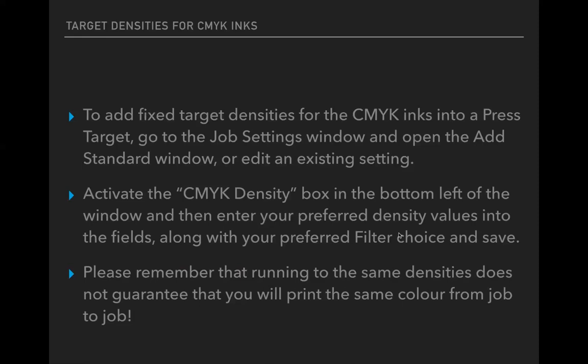But if you want to ignore the dynamic density adjustment targets calculated by pressSIGN and just run to fixed target densities, you either create a new press target or edit an existing one. Activate the CMYK density box at the bottom left-hand corner, enter your values, enter your choice of filter or leave it automatic, and then save the press target with whatever name you want to use.